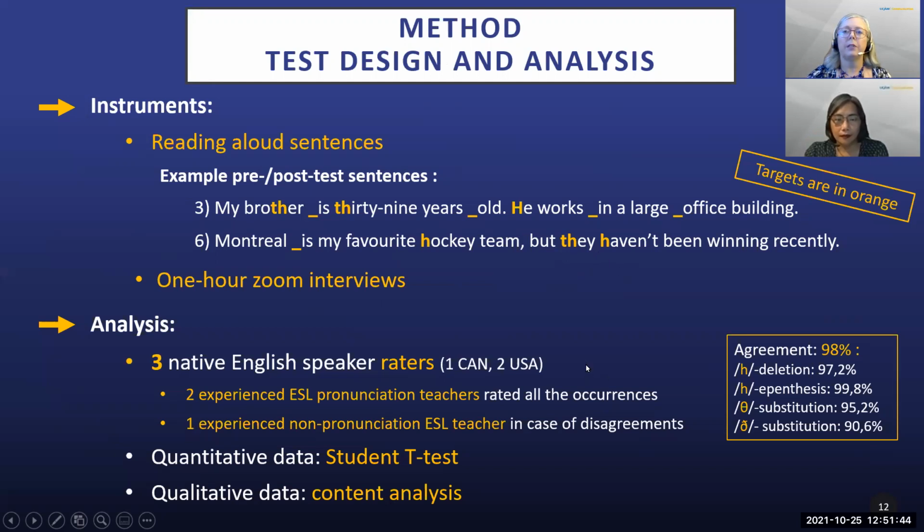Two experienced pronunciation instructors rated consonant accuracy in all sentences. A third instructor settled cases of disagreement. All raters were native speakers of English. And the rate of agreement was very high, as can be seen here, ranging from 90.6% to 99.8%, depending on the segment.